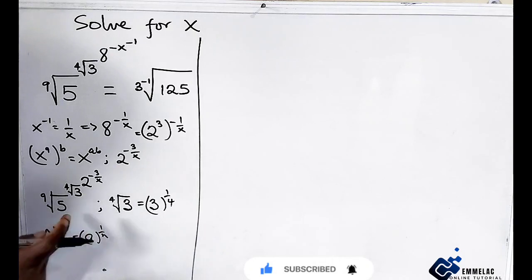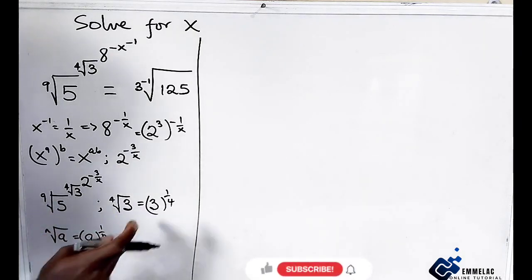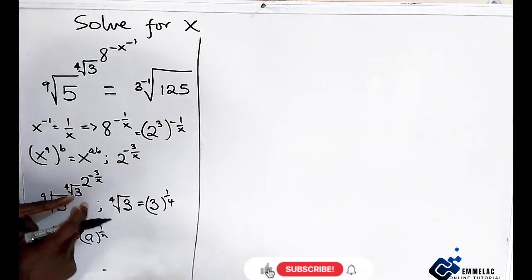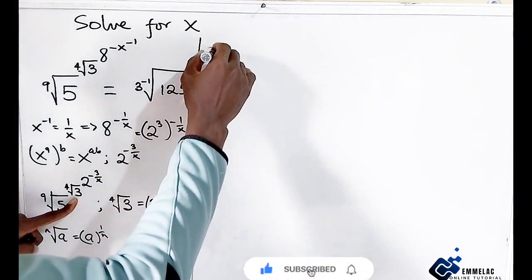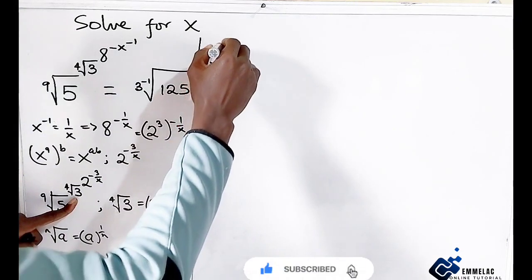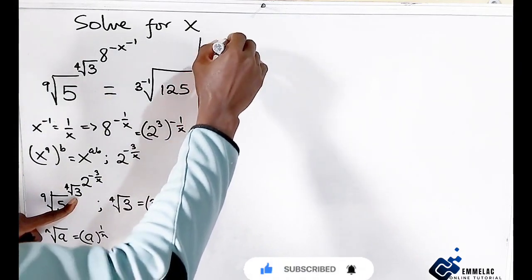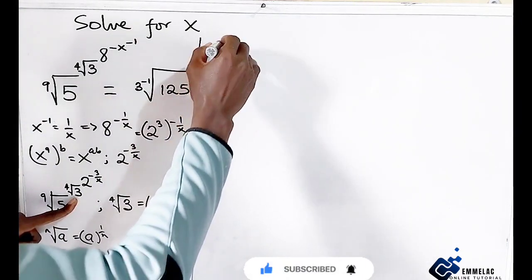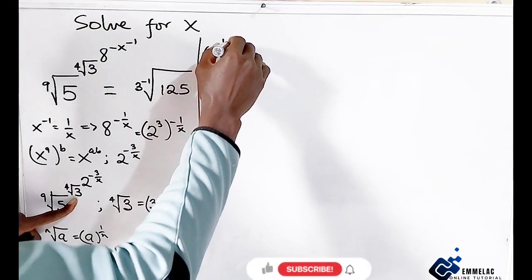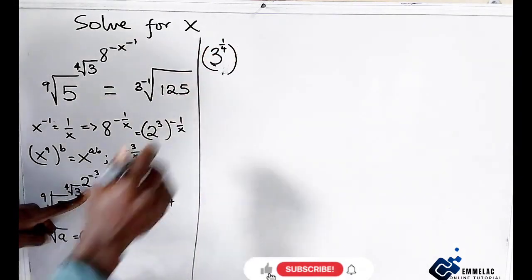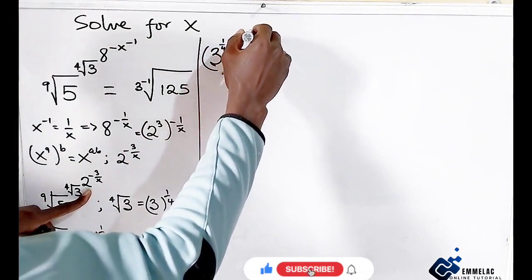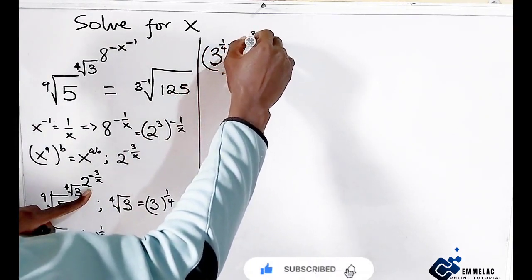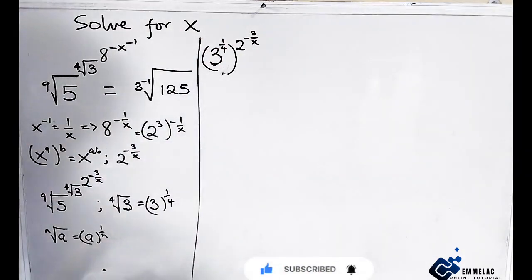Now putting this in here, we have 3 raised to the power of 1 over 4, all raised to the power of 2 raised to the power of minus 3 over x, right?